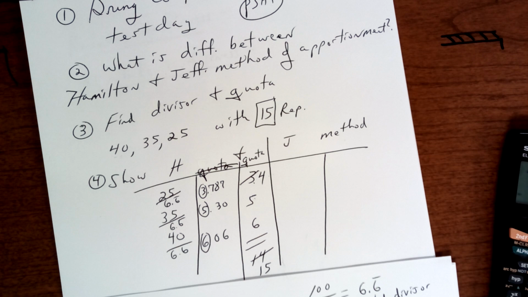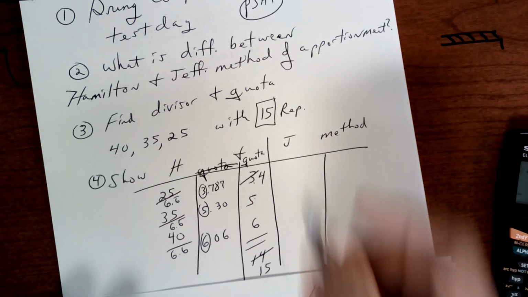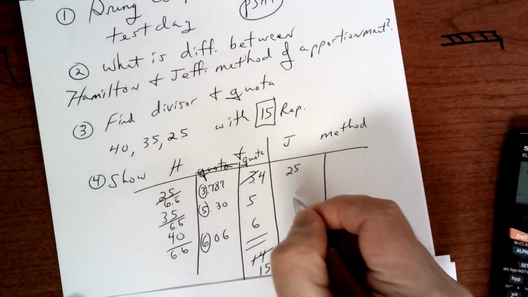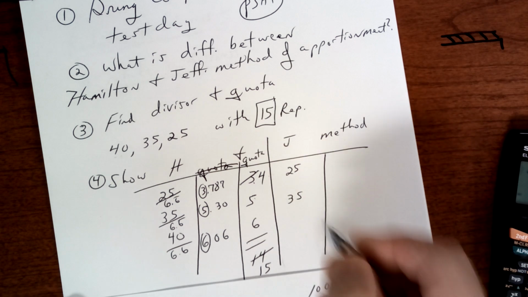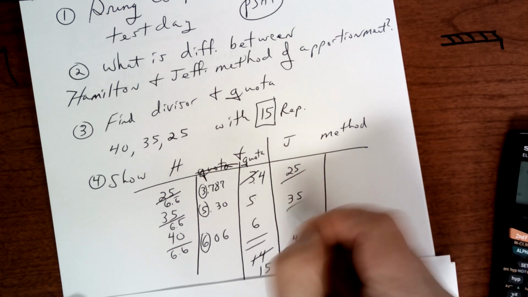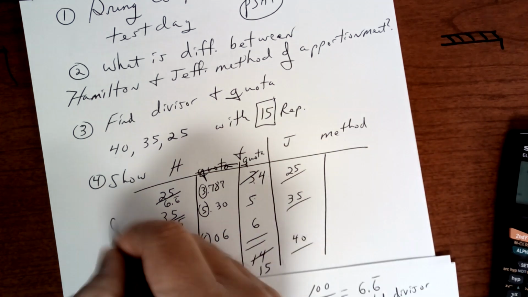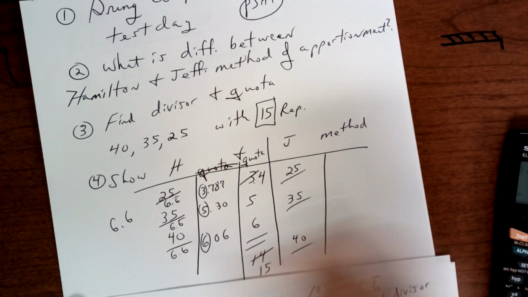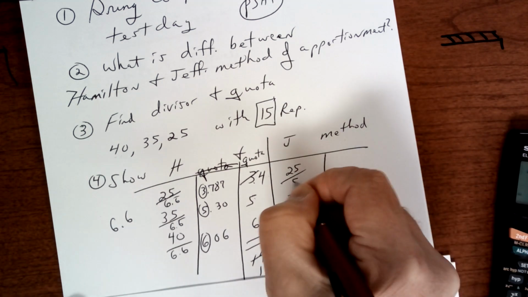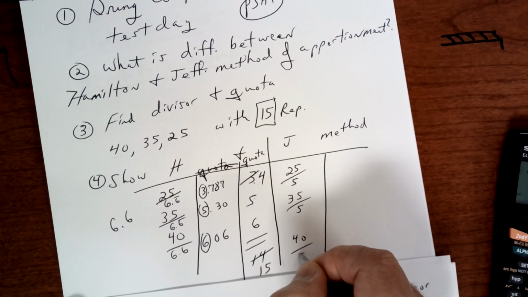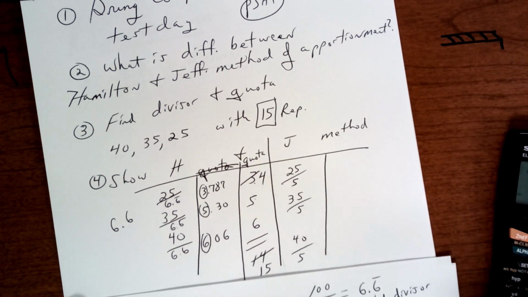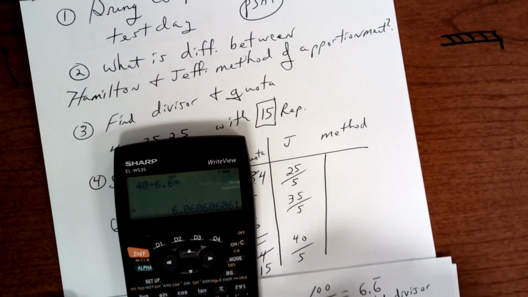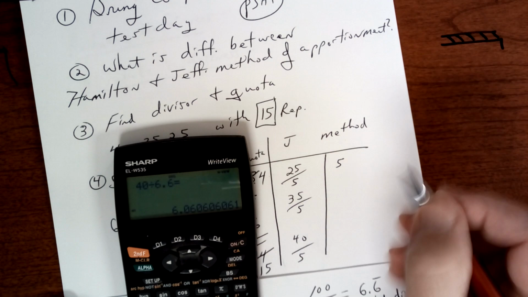Now, on Jefferson, you would take the 25, the 35, and the 40, and you would divide not by 6.6, but you would divide by something like 5.0 or 5 and see what you get. Okay? Let's see what you get. So 25 divided by 5 is 5. This is 7, and this is 8.